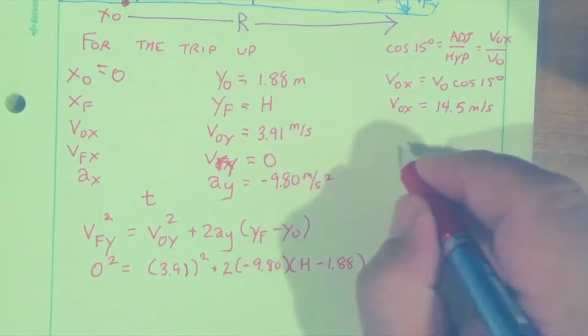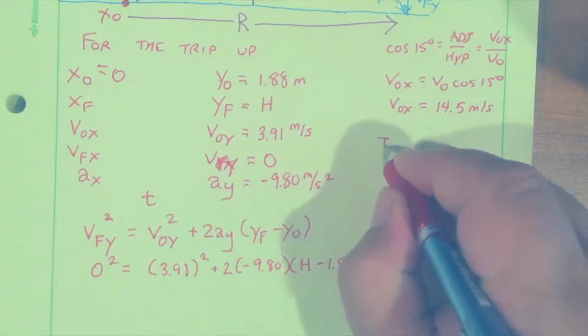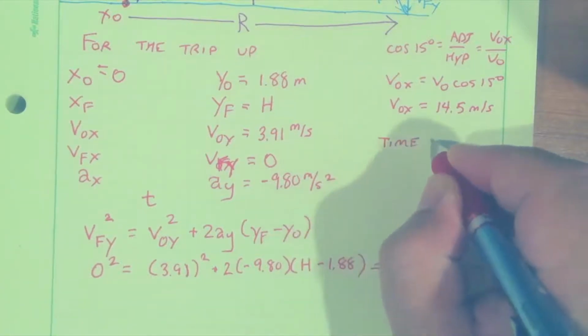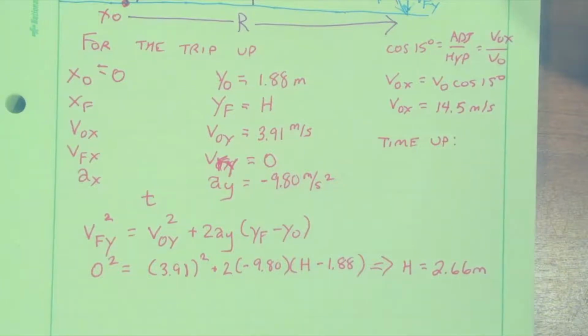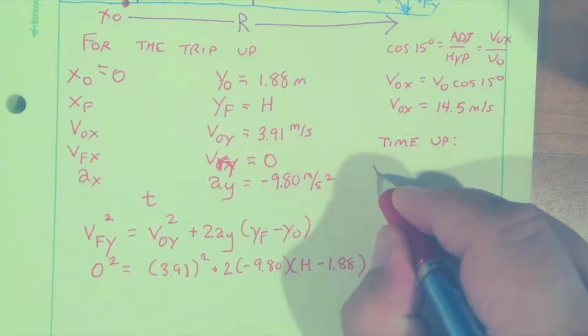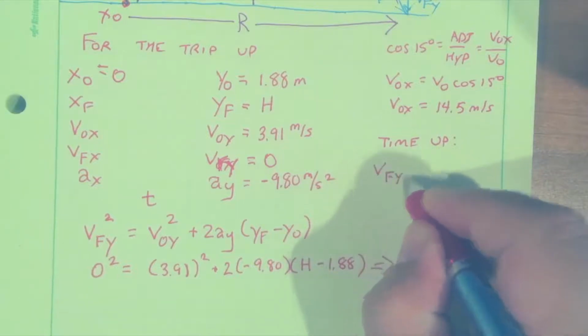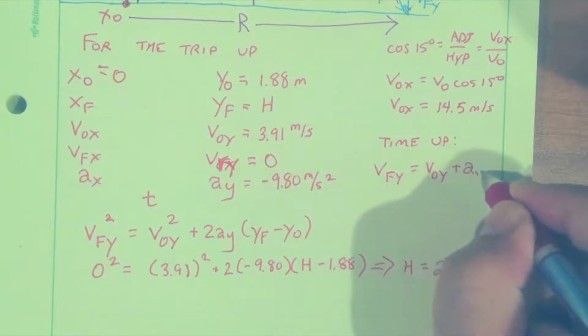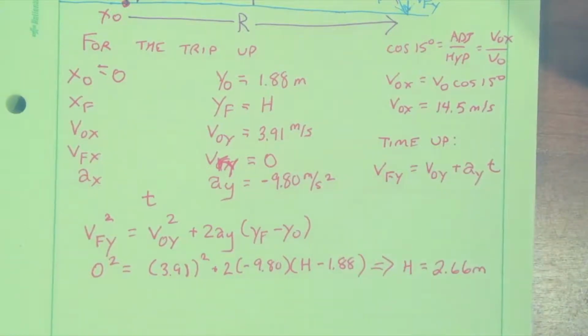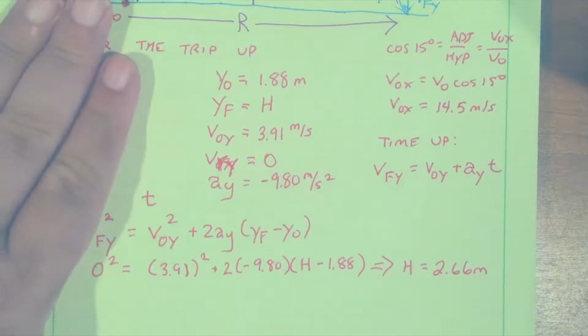We also have the ability to figure out the time up, how long it takes her to go upward after leaving the ramp. And we can just use the first kinematics equation for that. Notice I've got a bunch of y subscripts here because we don't care about the x motion here.